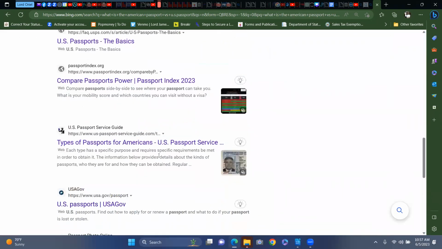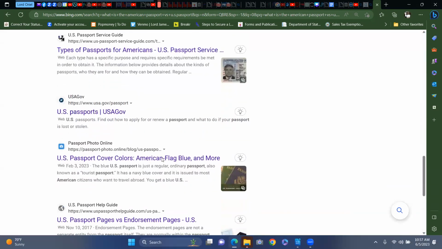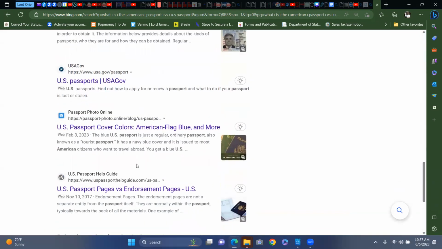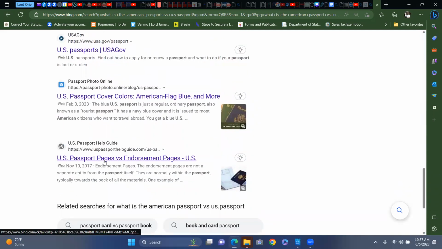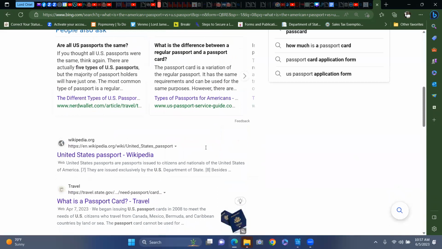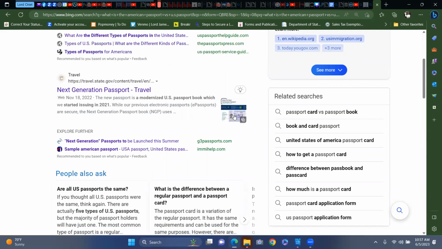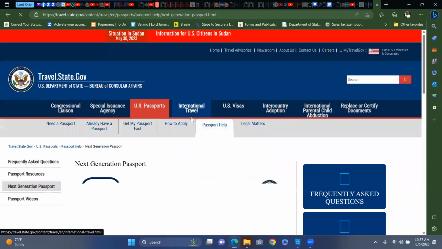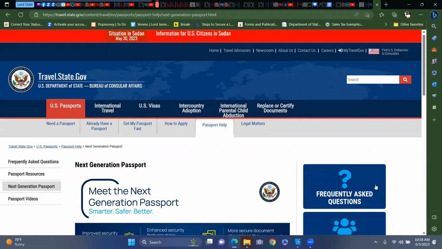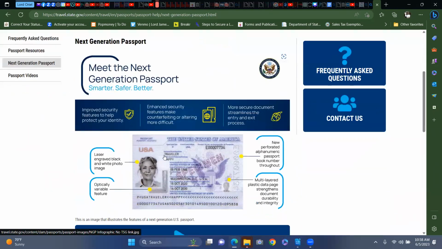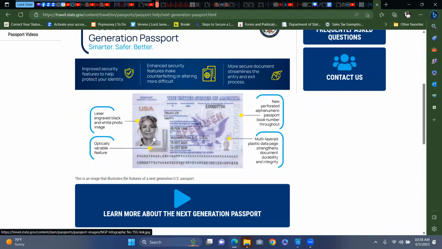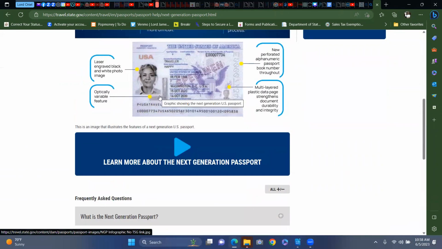Yeah, see, no one's got really a breakdown of that. So they basically just use them interchangeably. Here they're just talking about the new version or the next generation.